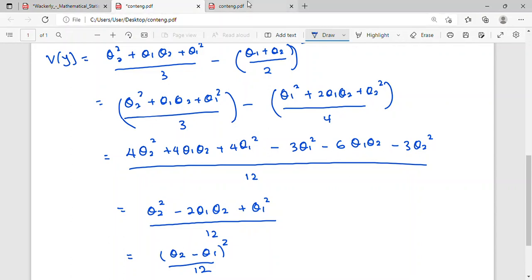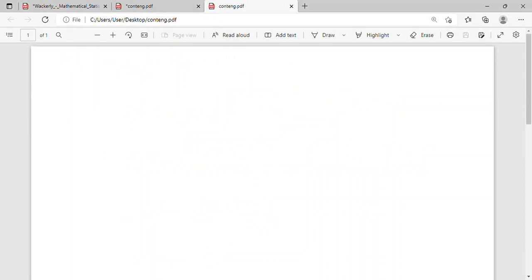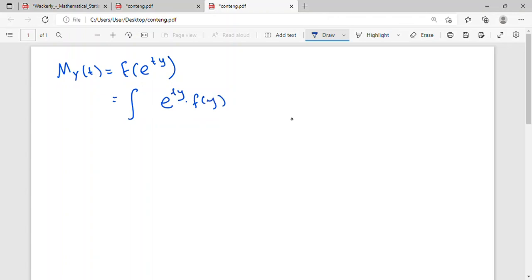Okay, the last one adalah MGF untuk uniform. Okay, kita gunakan konsep yang sama macam sebelum ni. Okay, notation to MGF, M_Y(t), because the variable is Y. It is expectation of e^(tY), okay, which is, because Y adalah continuous, so kita kena buat integration, e^(tY) multiply dengan fy, integrate terhadap Y, from where to where, tengok interval untuk Y, theta 1, theta 2.